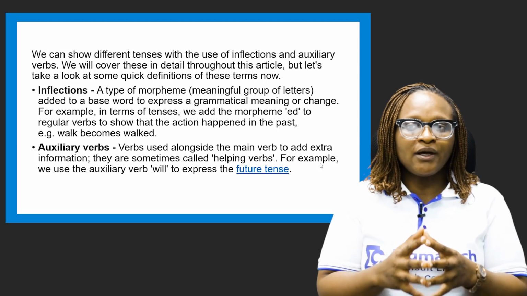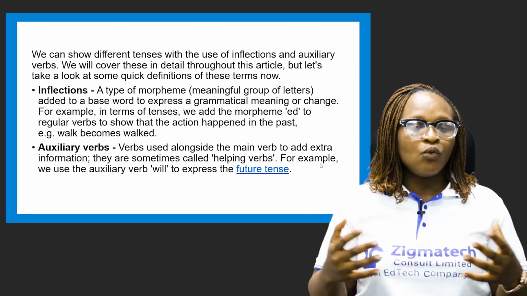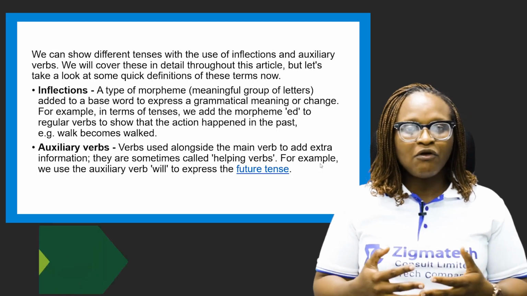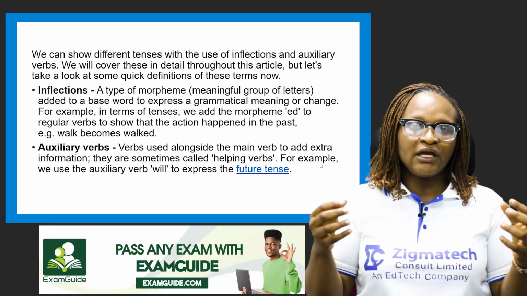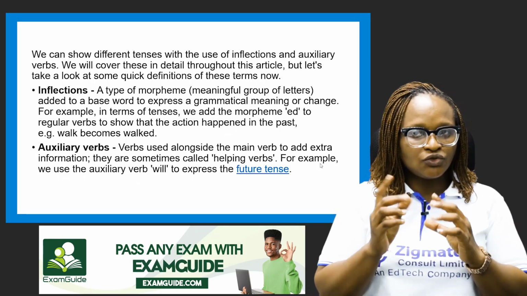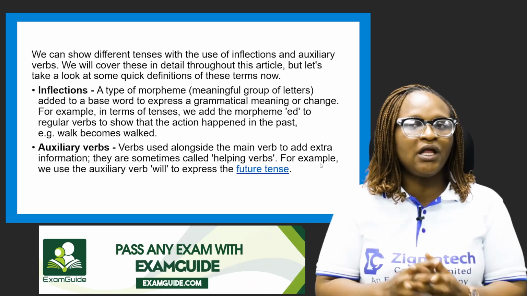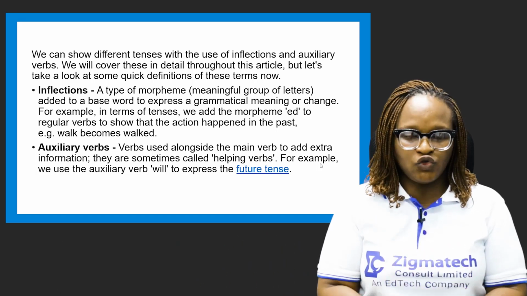When we talk about inflections, we refer to a type of morpheme. What do we mean by morpheme? A morpheme is a group of letters added to a root word, or what we call the base word, to change the meaning.